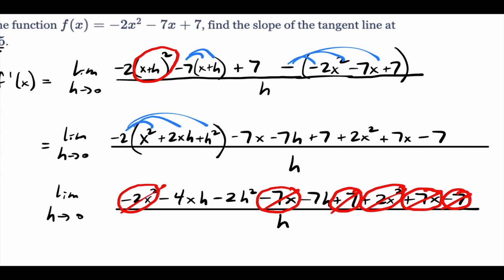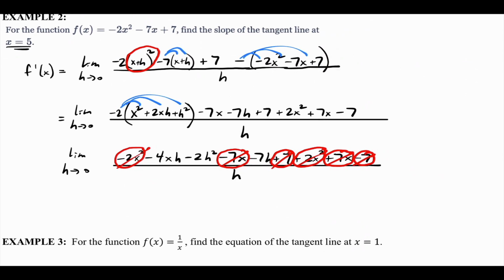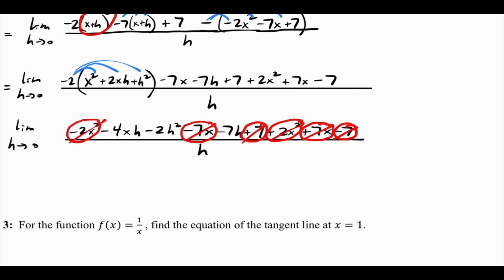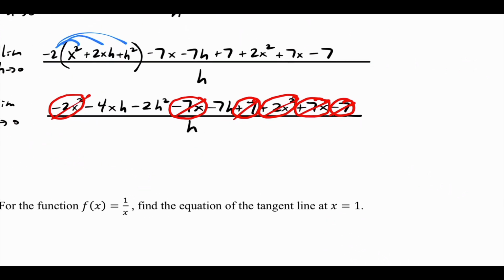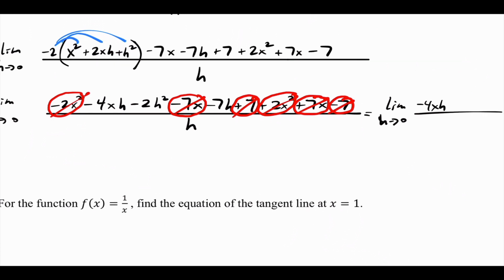So pretty much the only things that stay on top are the things with h's. So on top, I have a negative 4xh minus 2h squared minus 7h over h.